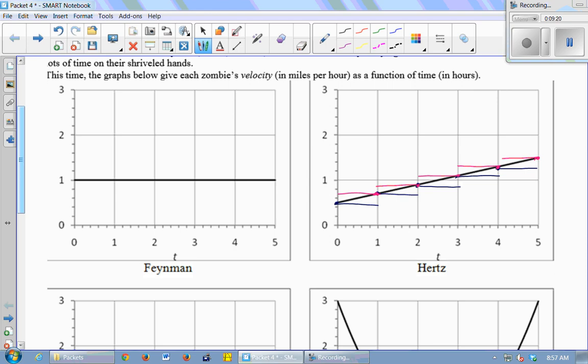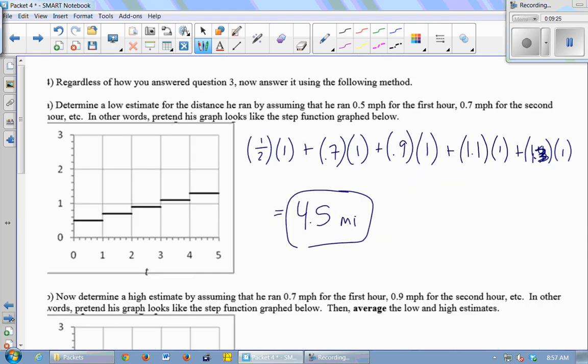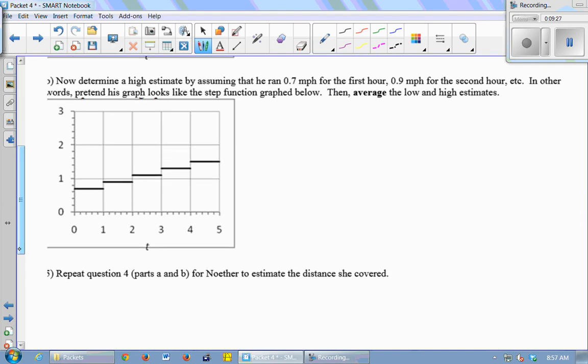So look at his fastest time over each hour interval and assume he ran the whole interval at that fast time. And we get a step function that looks like this. And we'd have 0.7 times 1 plus 0.9 times 1.